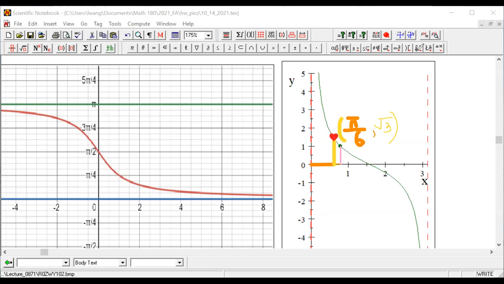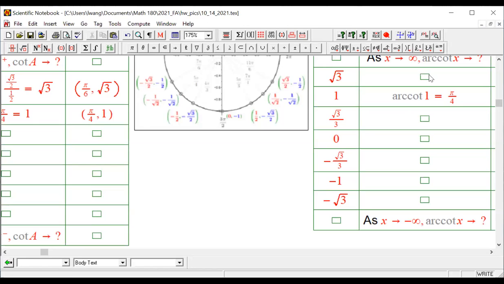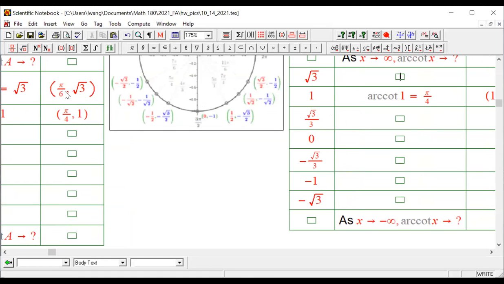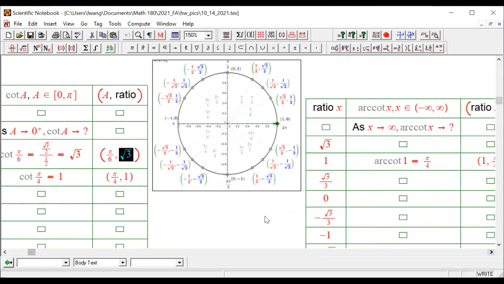Okay. On the other side, input becomes output and output becomes input. This was input and output on cotangent. Arc cotangent is the reverse, a swap of input and output.